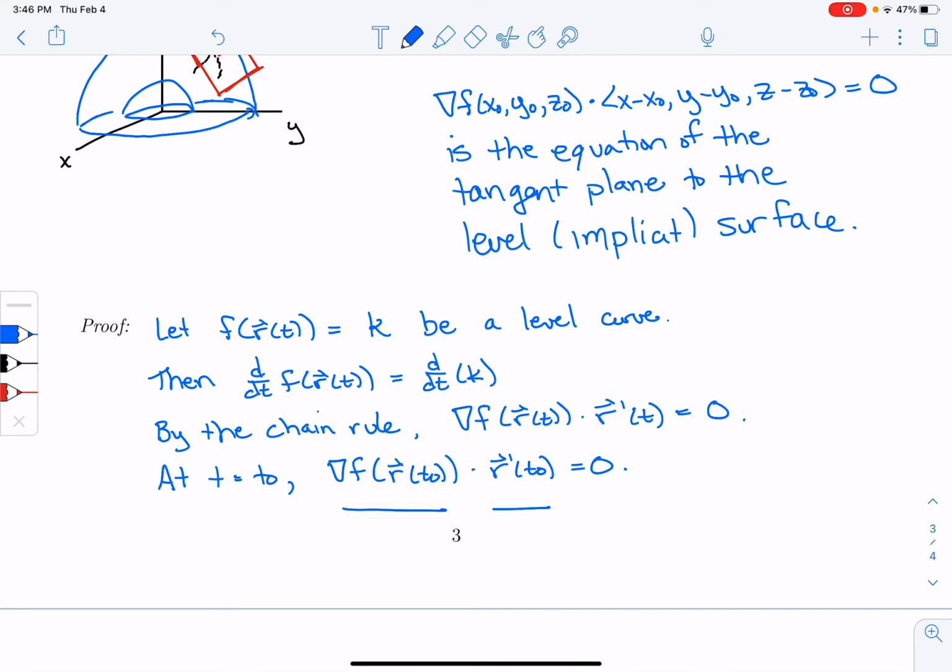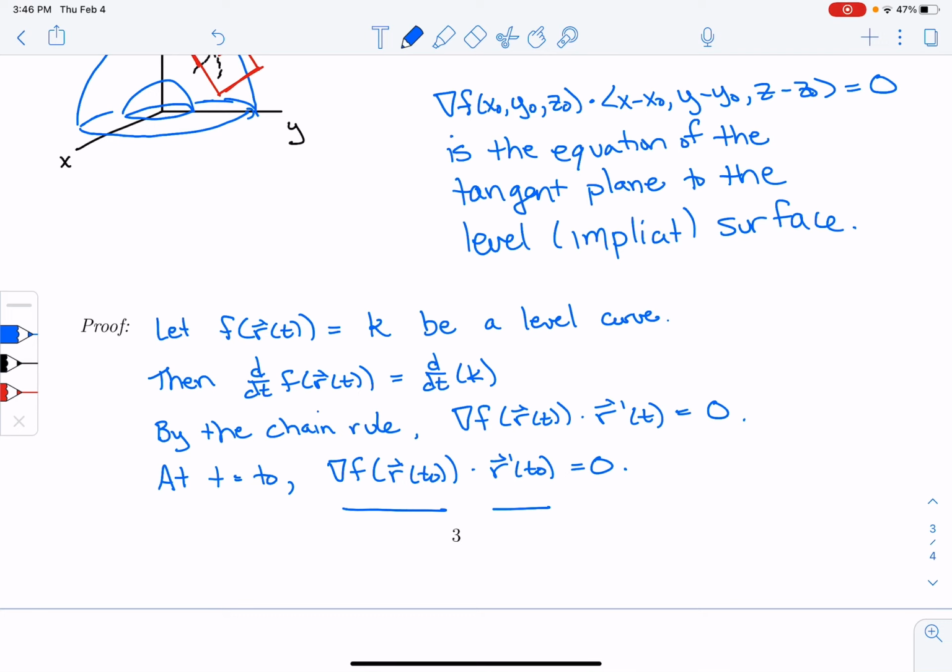We're looking at the derivative of f in the direction of r. Now, it's not quite the directional derivative because we haven't used the magnitude here, but this is an expression that's giving us kind of the directional derivative.